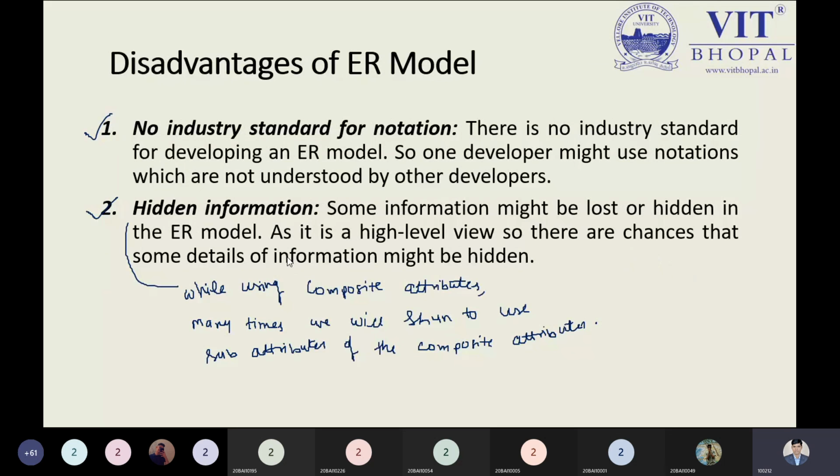The drawback is, if you don't know the syntax or the notation of the ER model, then you will not be able to understand what is happening inside it, just like total participation. Without explaining total participation, you are not able to understand why the two double lines are used, or the double ellipse.